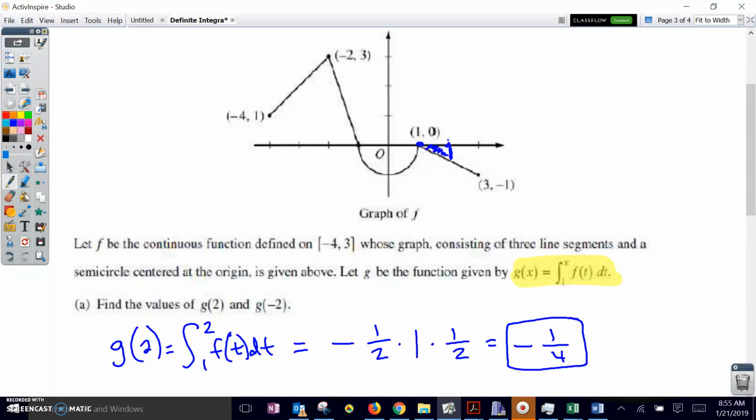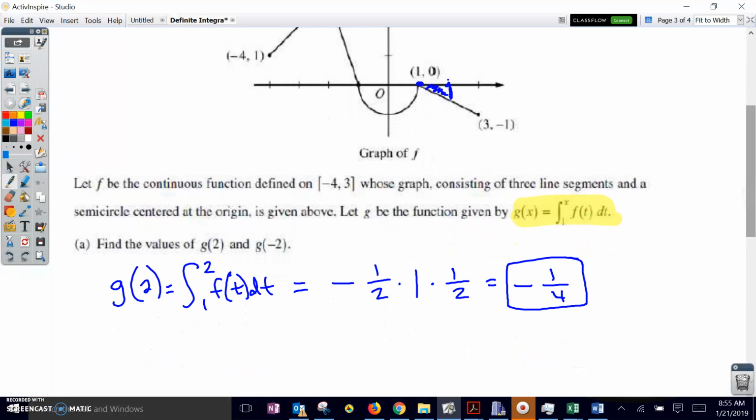And then I'm going to do something very similar for g of -2. We're going to just set this up as the integral from 1 to -2 of f of t dt. Now we've already talked about some integral properties, and we're going to use those here because we don't want to accumulate integrals from a bigger value to a smaller value.